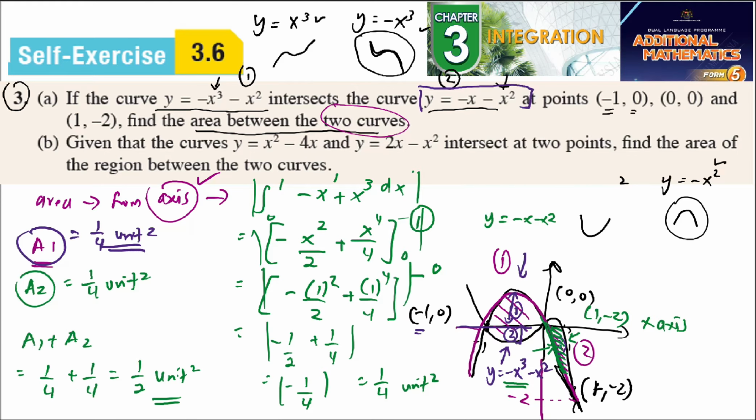So I just want to show you for the area 2. You see here, this is under the axis, right? So why we do the furthest minus the closest is that when we find the area of the furthest, we will get everything from the x-axis to that graph. So we get this area.